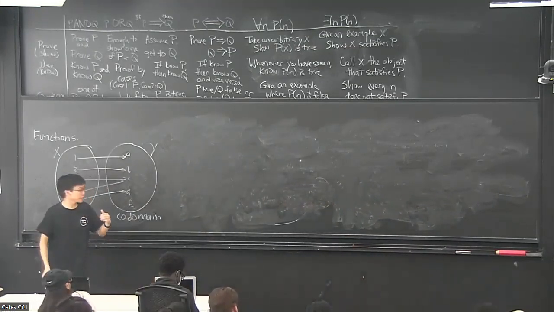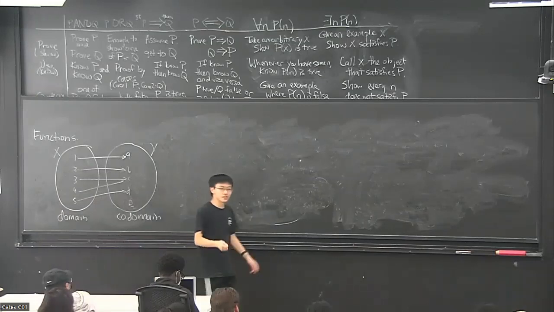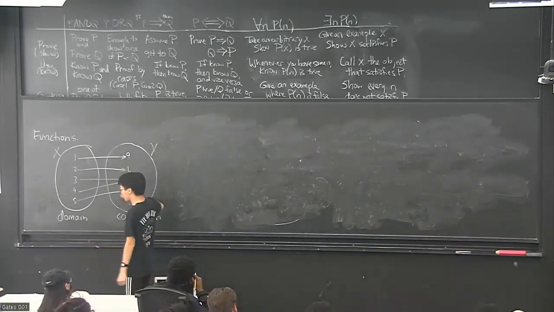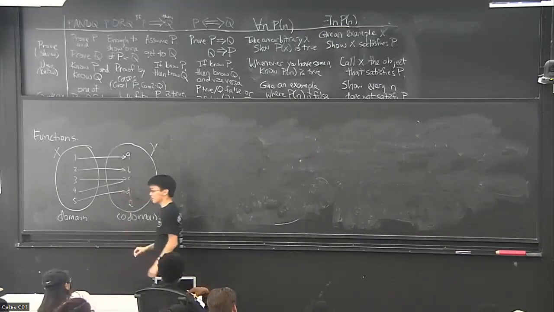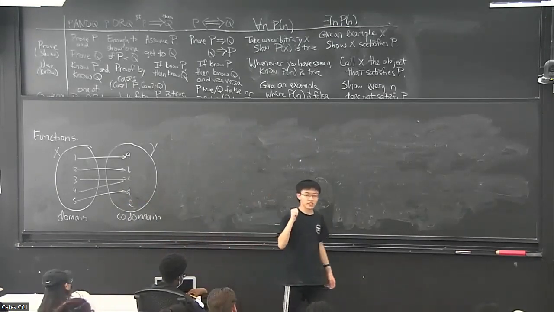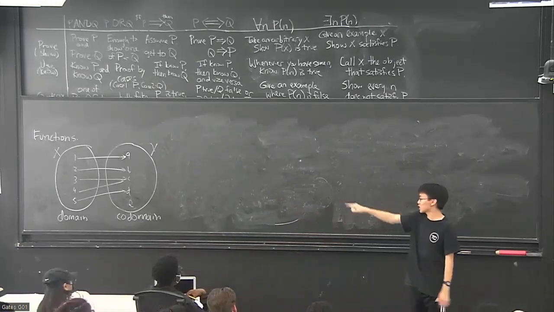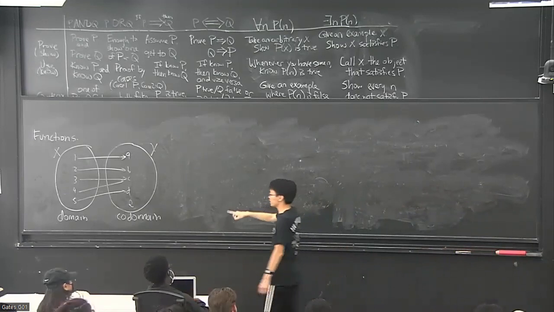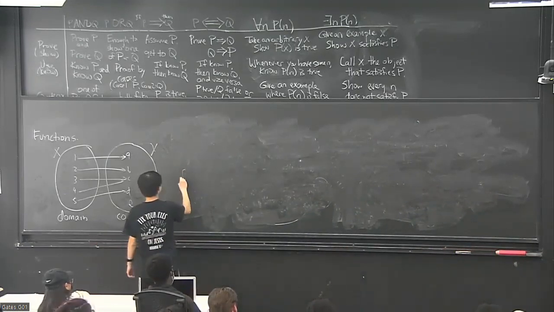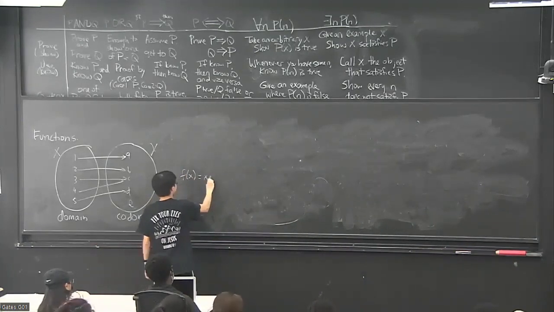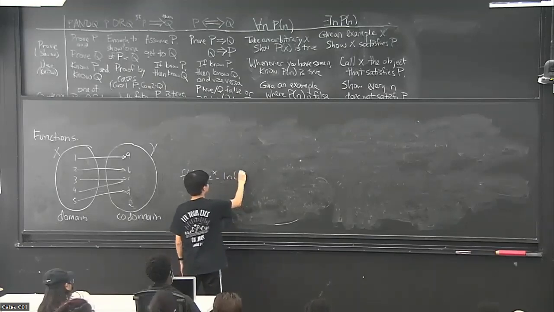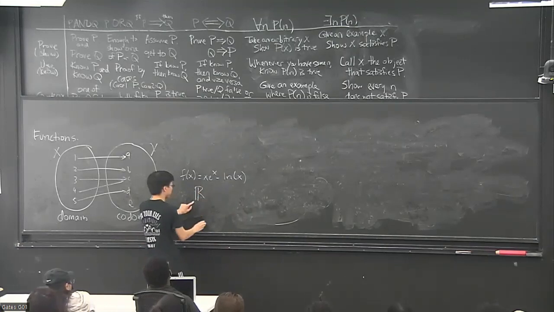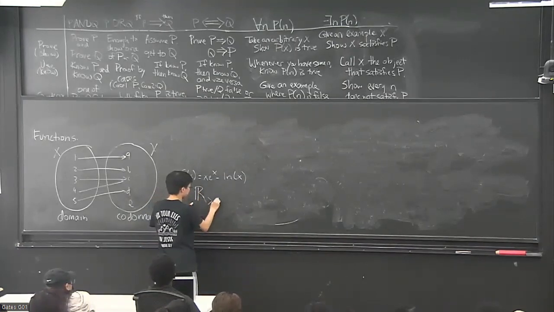Why, you might think, are we going to specify the codomain? Why didn't we just specify the outputs directly? The reason is that a lot of times it's far easier to specify every possible input than every possible output. If you get a function like x e to the x minus ln x, you know this thing takes in reals, and its domain is reals greater than 0.